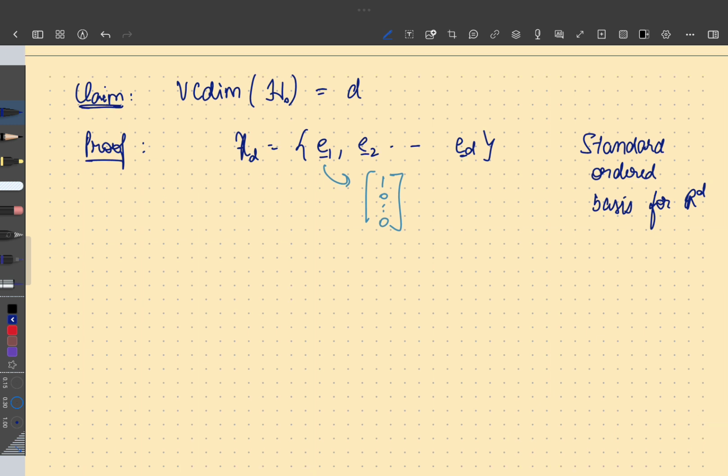Right? So now we need to show that this is shattered by H. And the basic idea is the following. If you take any vector W, then W transpose Ei is simply Wi.